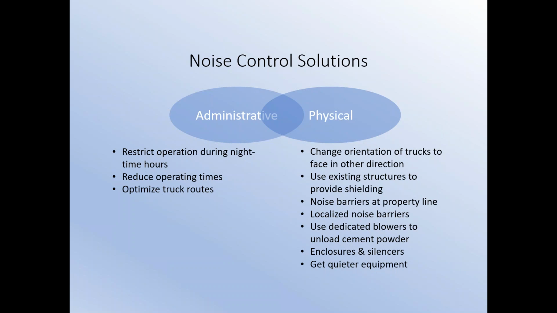We can also look at introducing dedicated enclosures for some equipment. For example, if you can't rotate your unloading cement tanker truck, you may just buy a dedicated blower that's going to be installed within the building, and essentially in the most extreme cases we will be looking at enclosures, which means that any equipment that makes noise needs to be put inside a building.